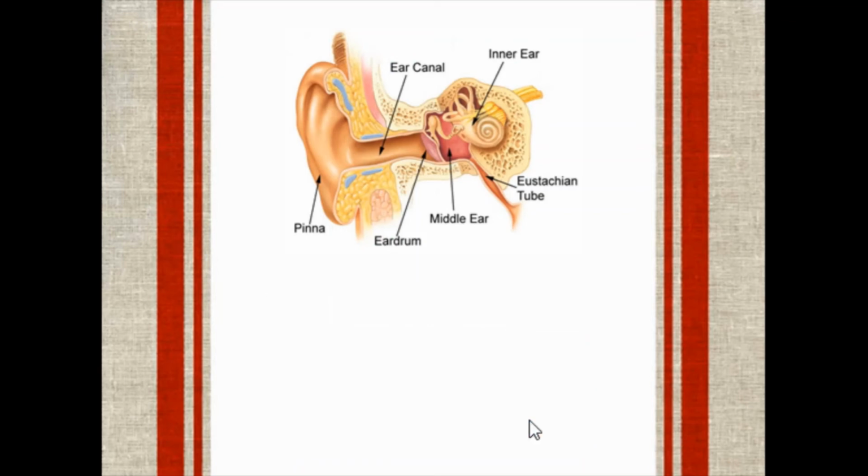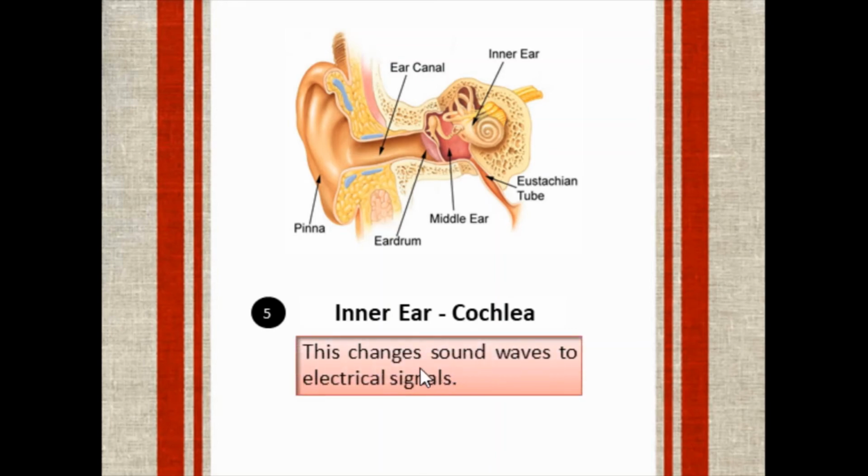Next, let's go on with the fifth part. Let's have the inner ear, particularly the cochlea. Everybody, repeat after me, please say cochlea. Cochlea. It is in this part that the sound waves are changed to electrical signals.